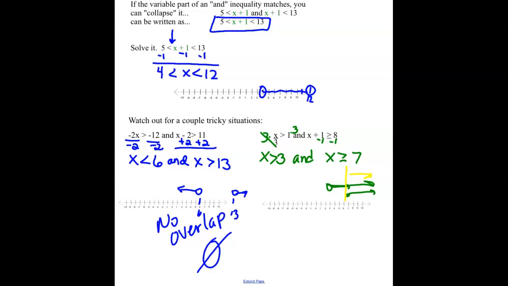So we do have a solid color, both on the first inequality and the second one because of that solid dot. So my final answer would be everything from 7 on up. Okay, so we'd say x is greater than or equal to 7 would be the overlapping part.